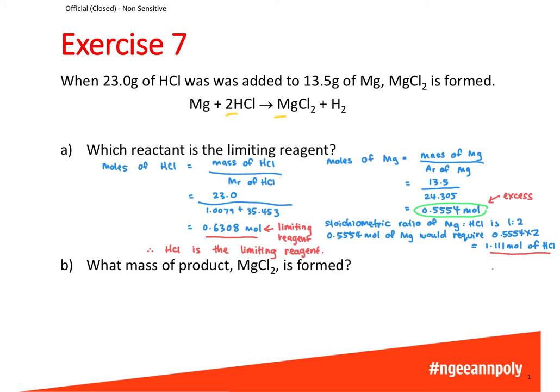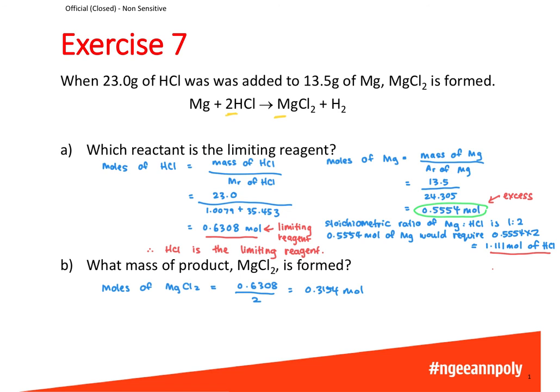Since we know the number of moles of HCl, which is 0.6308 moles, we can calculate the moles of MgCl2, which would be moles of HCl divided by 2. So we have 0.3154 moles of MgCl2.